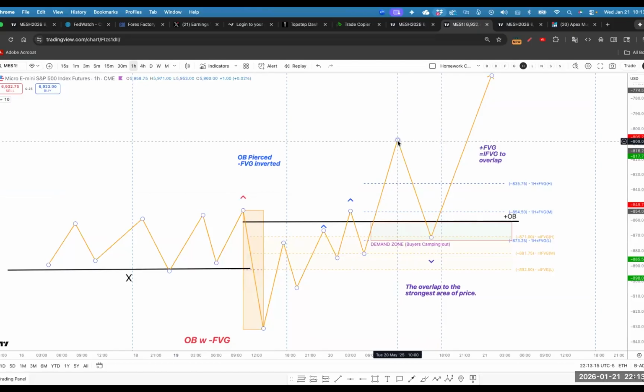That's pretty much telling us that if we're in a bullish market, when we get this retracement, that should be our sign for price to continue higher, right? And in particular, we should get an overlap between the new fair value gap and the fair value gap that we inverted down here.